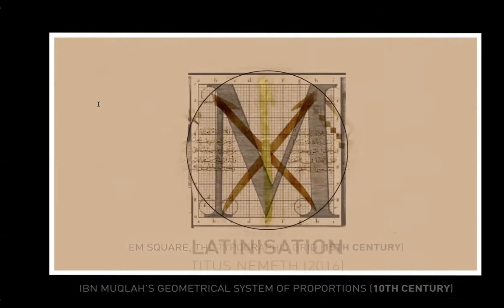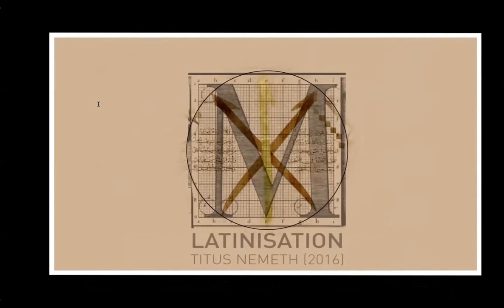It is a concept that Titus Nemeth calls Latinization, that forces on the Arabic script the characteristics of the Latin script without taking into consideration the grammatical and morphological differences that exist between the two writing systems.